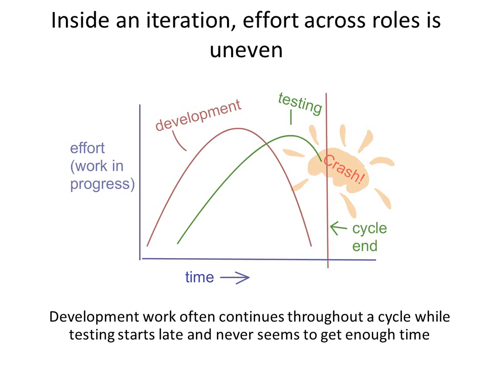For example, in this diagram you can see the development starts ahead, followed by the testing, but the development might take up to the end of the sprint, while the testing does not have enough time to test the last few features and outputs, and can have an issue in terms of quality.